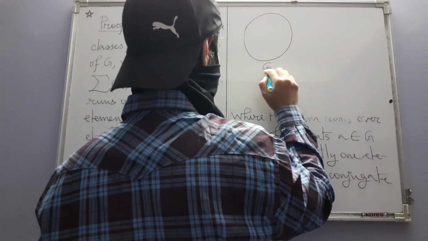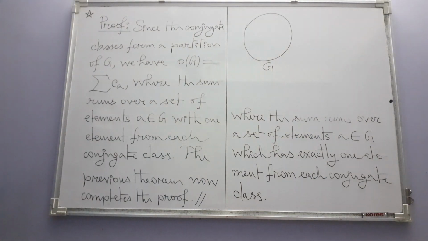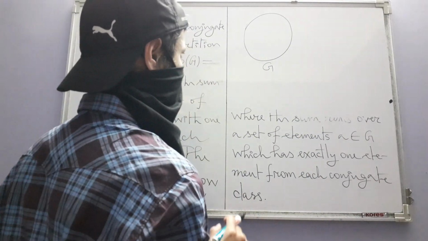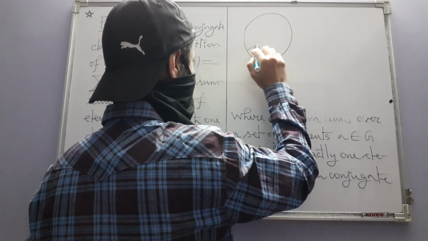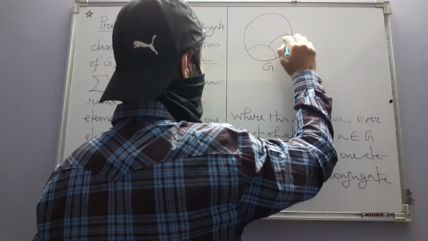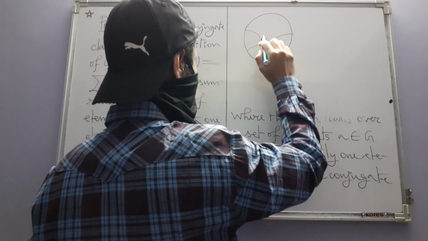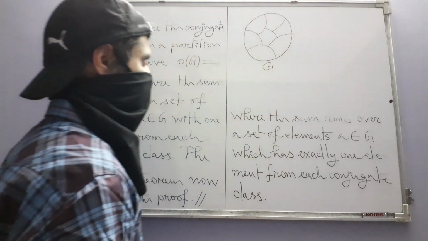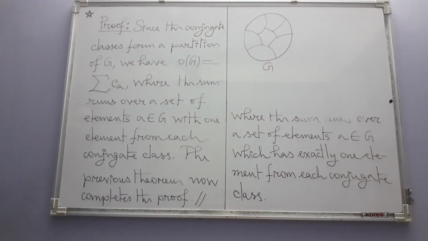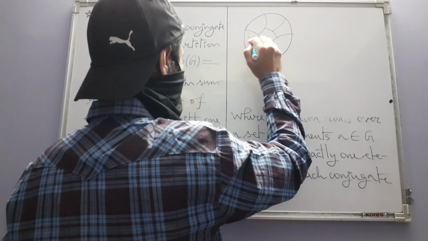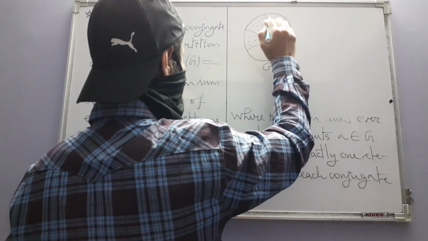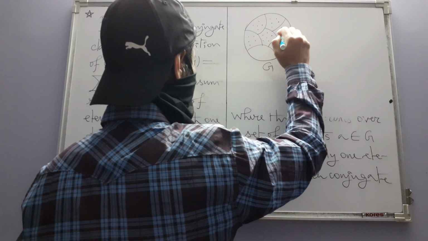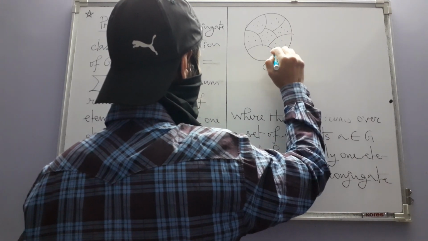G is a finite group, and our conjugacy equivalence relation partitions G into distinct equivalence classes, which we are calling the conjugate classes. Now there are elements in each conjugate class, at least one element, because they form a partition, and as such each conjugate class is a non-empty subset of G.